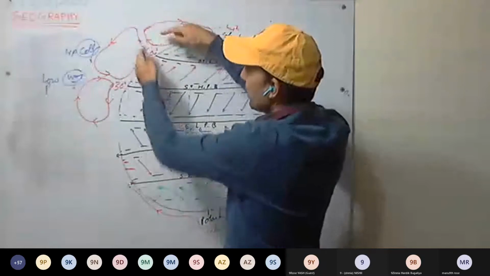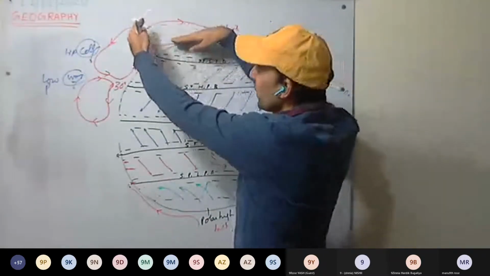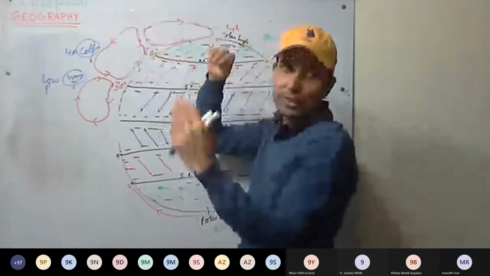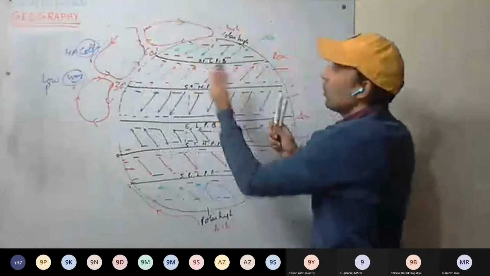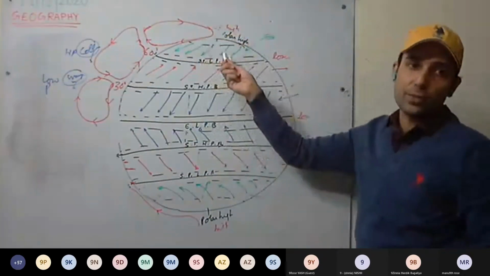As they meet, again the warm wind will be on the top and the cold wind will be at the bottom. Again there is a huge difference in temperature. Again, the Coriolis effect moves them eastward, and again the same meandering structure is formed.